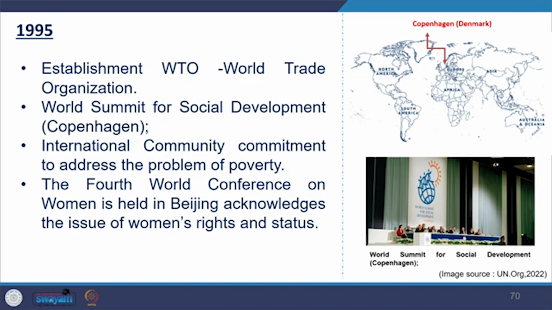In the same year, we also see the World Summit for Social Development held in Copenhagen, which highlights the commitments of the international community to address the problem of poverty. So here they reinforced that they would be tackling the problem of poverty. And at the same time, another aspect coming in 1995 is the Fourth World Conference on Women, which was held in Beijing.